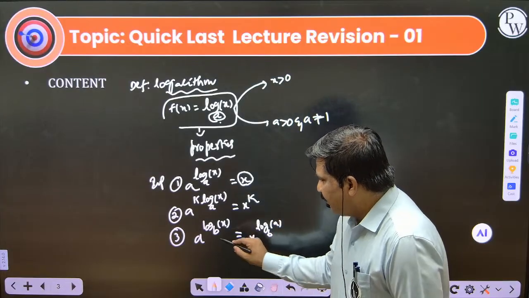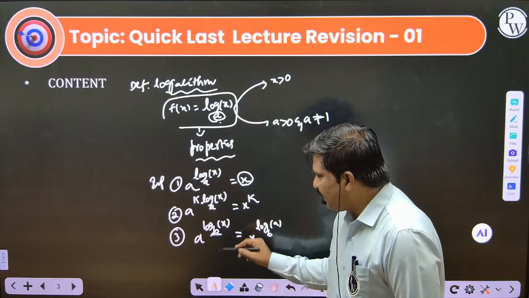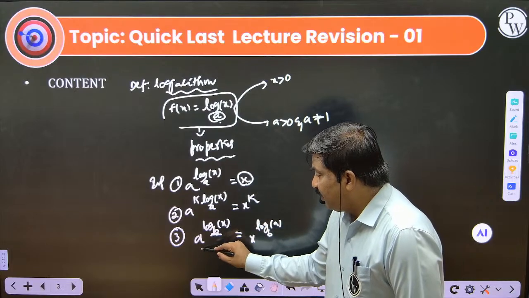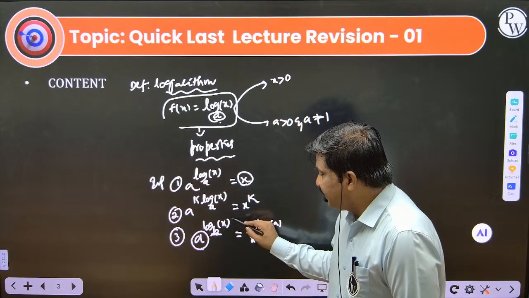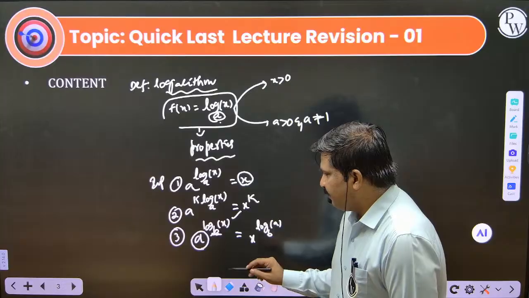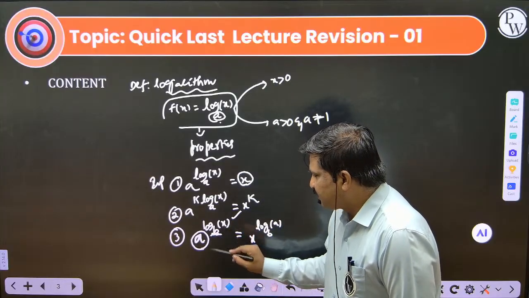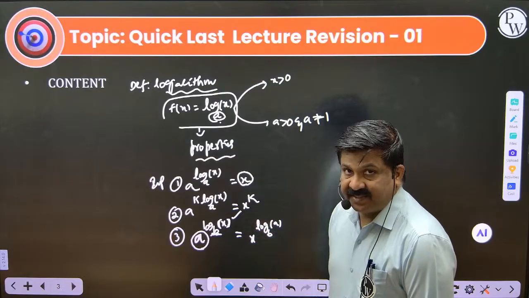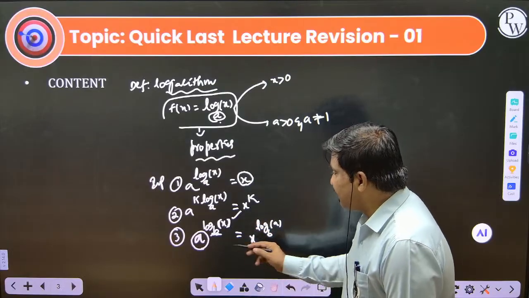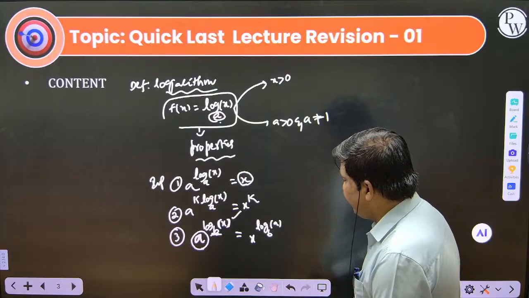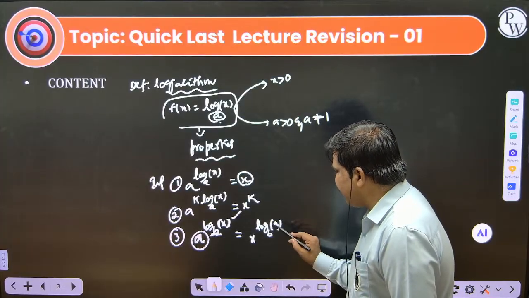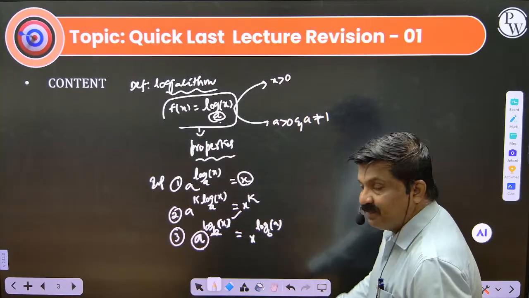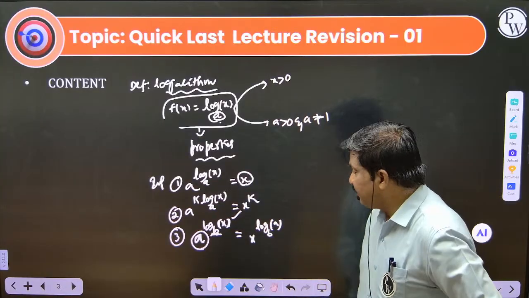The base of this logarithm is not interchangeable, but the base of the exponential and the base of the log of the number can be interchanged. In that case also we get the same answer. That's why I can also write it as x power of log base b of a.